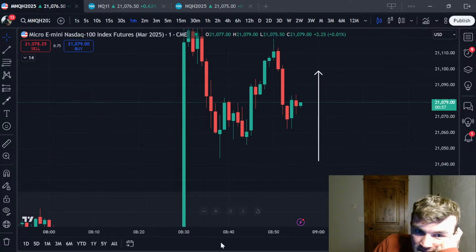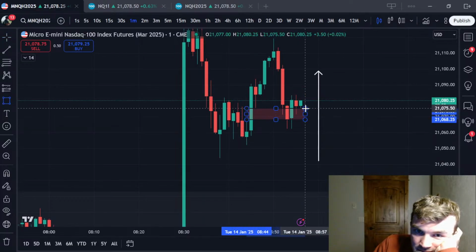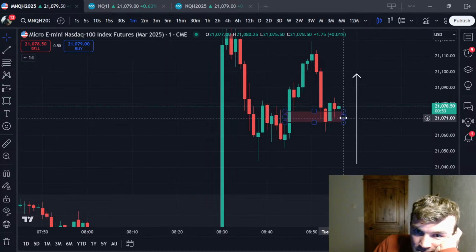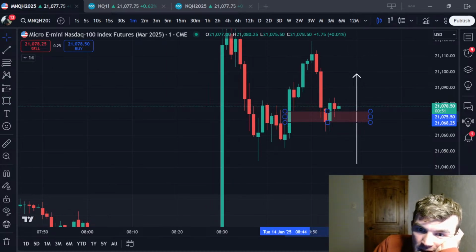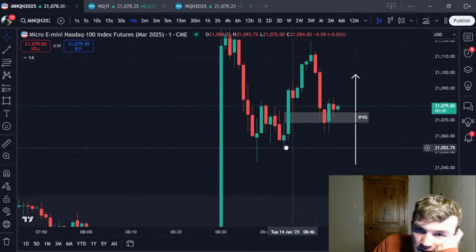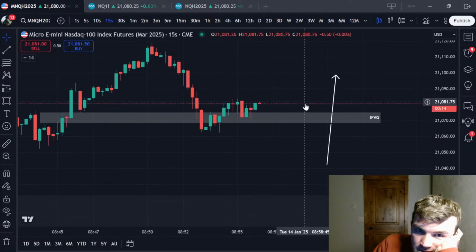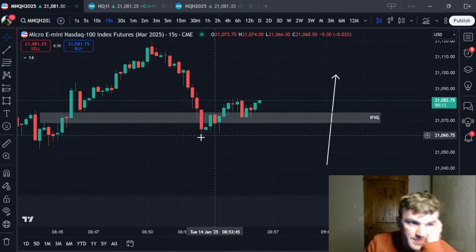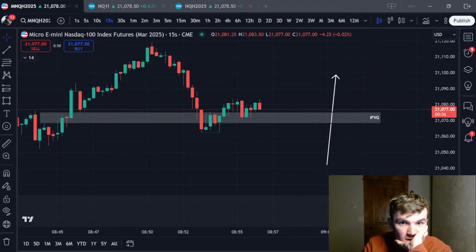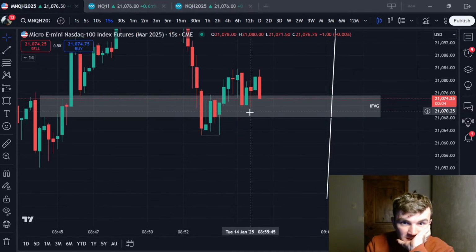We did inverse this gap here. We just maybe got SMT.